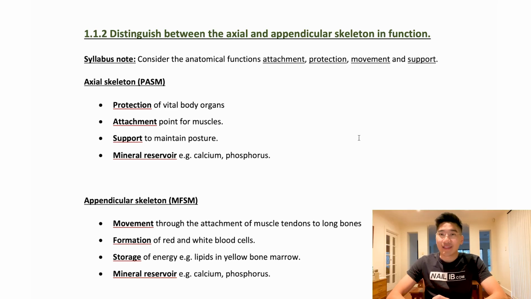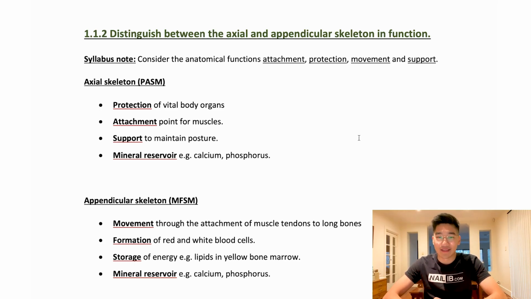The axial skeleton, if we think about our vertebral column, is to support, to maintain posture. So support is another function of our axial skeleton, and it's all about maintaining good posture to resist against the effects of gravity. The axial skeleton is also a reservoir for minerals.